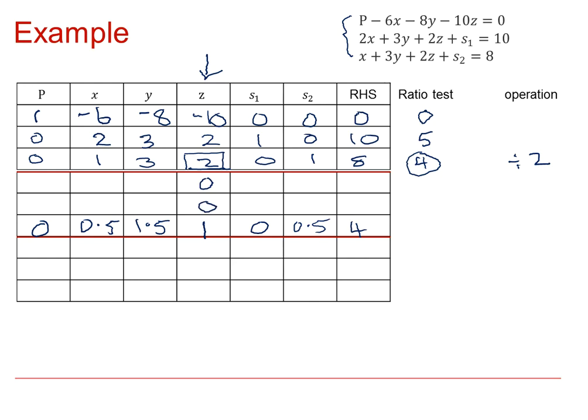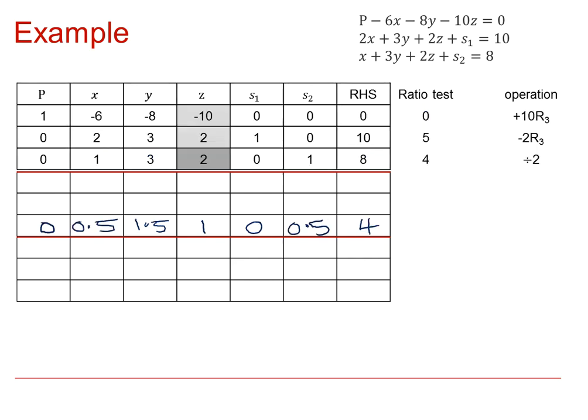So for the objective function row, I will need to add 10 of this R3, remembering that this row is now the new R3 that I'm using. And the operation I will need on the first constraint row will be to take away 2 of that row 3.